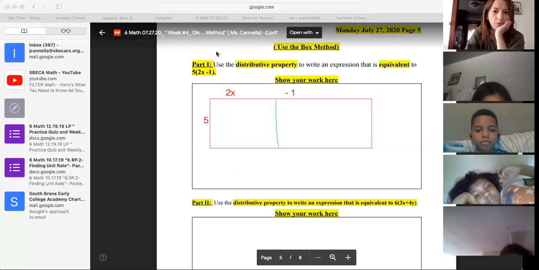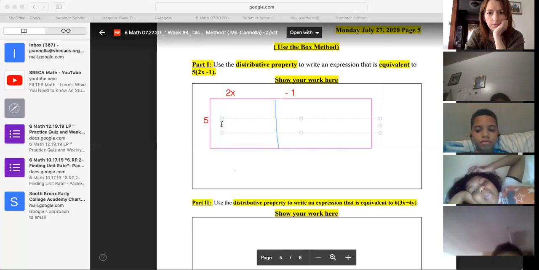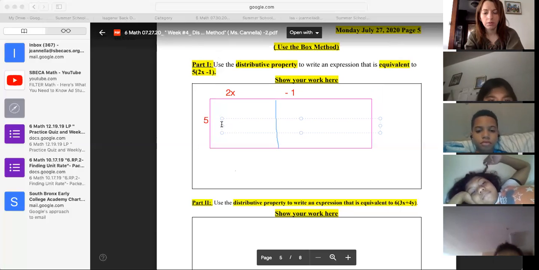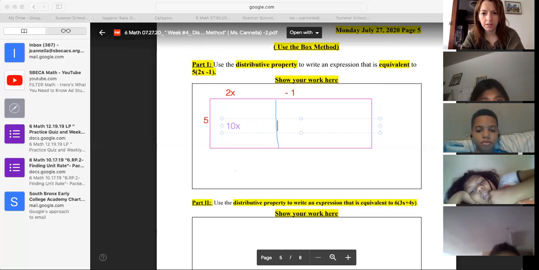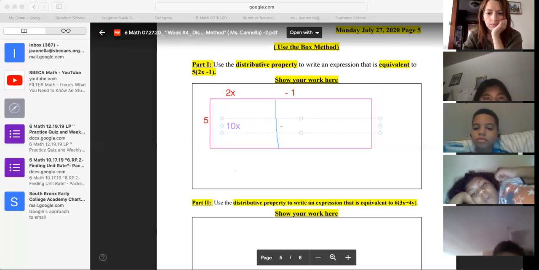All right, now we can actually physically put in the inside. All right, Leilani, walk us through. What do we write in the first side, dear? What we write in the first side is 5 times 2x. Which is? 5 times 2x is 10x. Good, keep going. Now what do we write in this side? Minus what? Minus 5. Excellent.